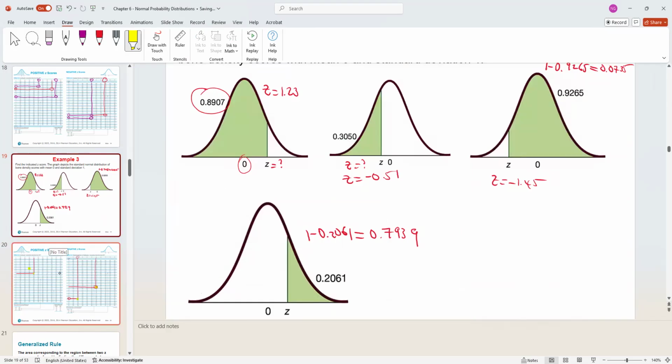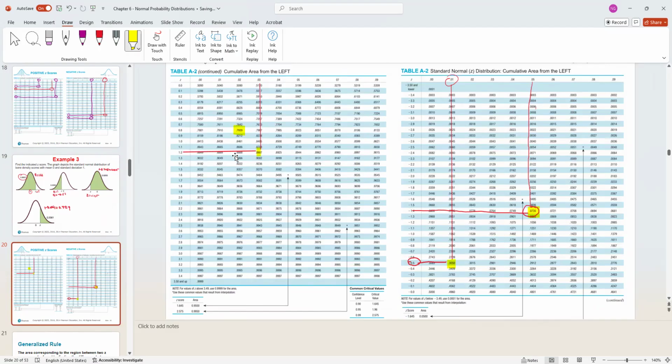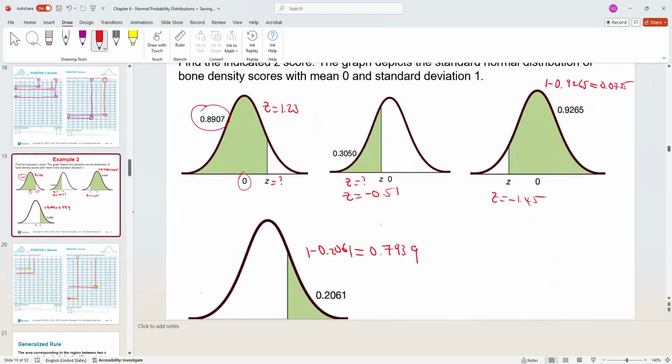Let's go back again. 0.7939. Yep. So looking at this, what you see is 0.82. So z is 0.82. All right.